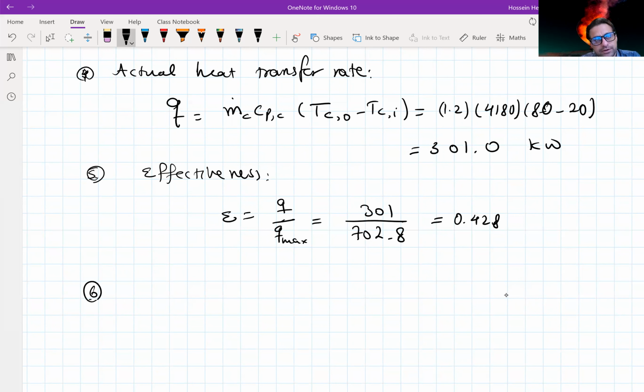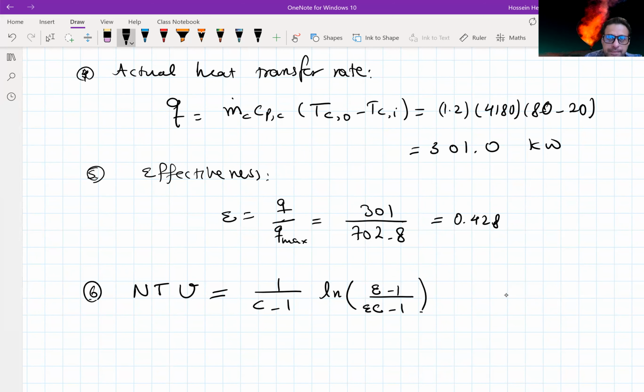Now we can use the relationship that we have between epsilon and NTU, or the chart, to find NTU for this heat exchanger. For a countercurrent double pipe, there is a table that gives you NTU based on C and epsilon. It's going to be 1 over C minus 1, natural log of (epsilon minus 1) over (epsilon C minus 1).